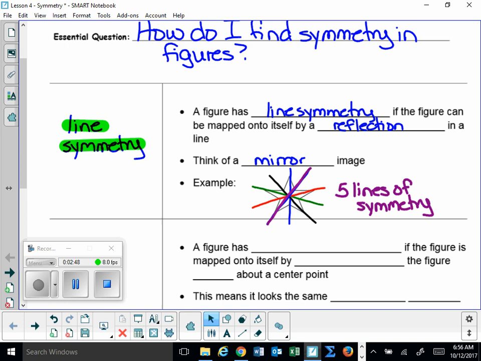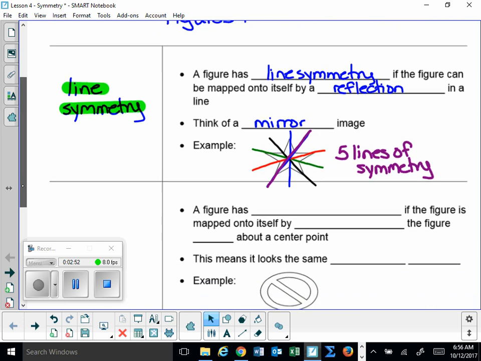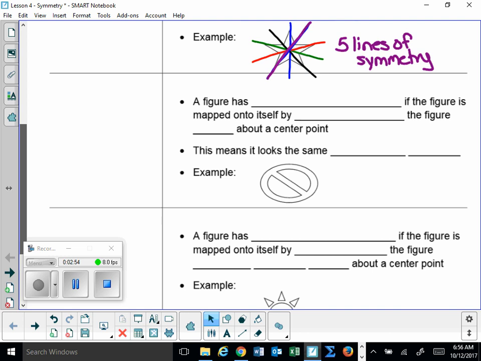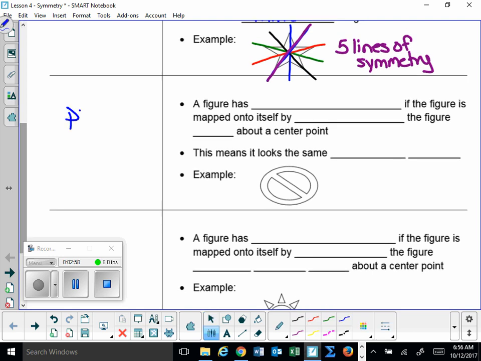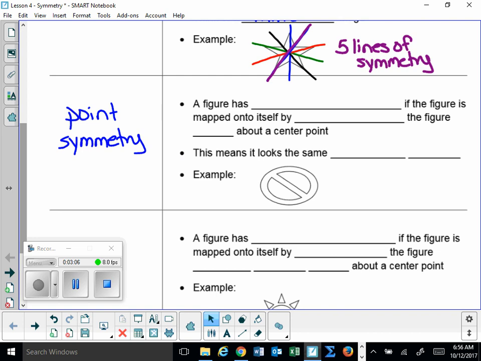Be careful, the halves have to match up perfectly or this does not work. Another type of symmetry is called point symmetry. Okay, here's another note card for you.